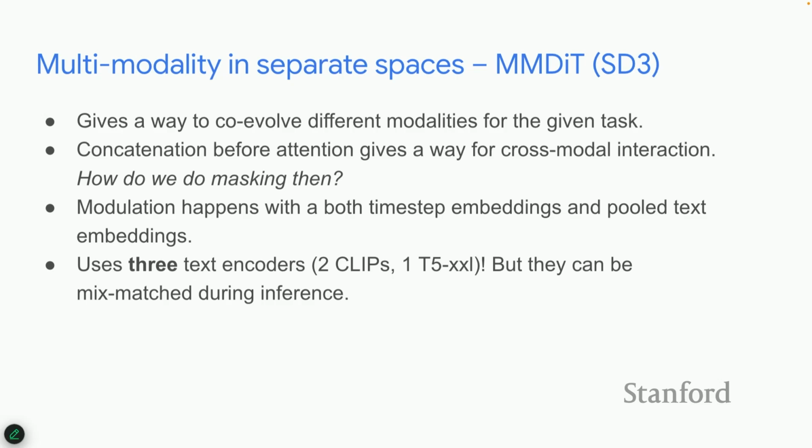But they can be mixed and matched during inference. They showed that you need the T5 if you need to have really good text rendering capabilities. But other than that, you can still do a lot with the two CLIPs that they use. And you can drop the T5 if you are not solely focused on text rendering tasks. So yeah.